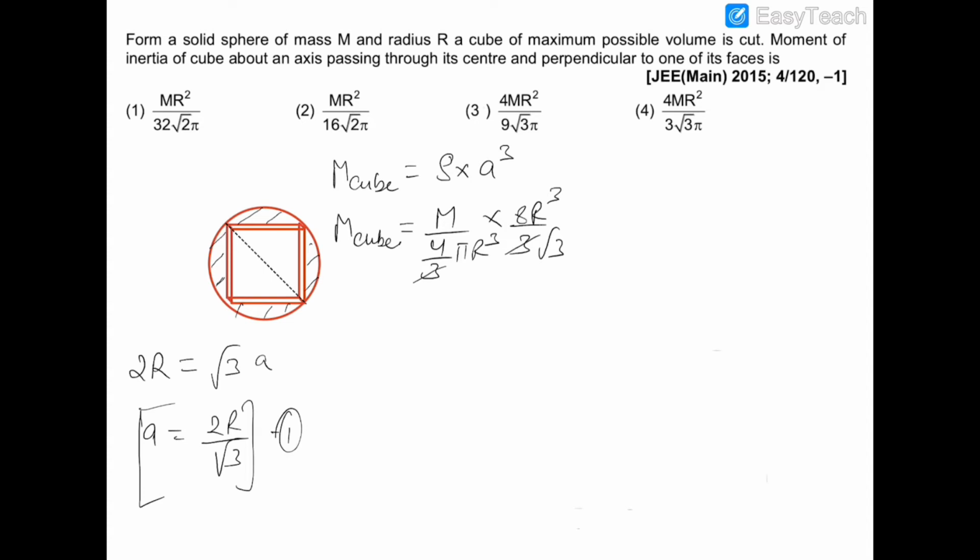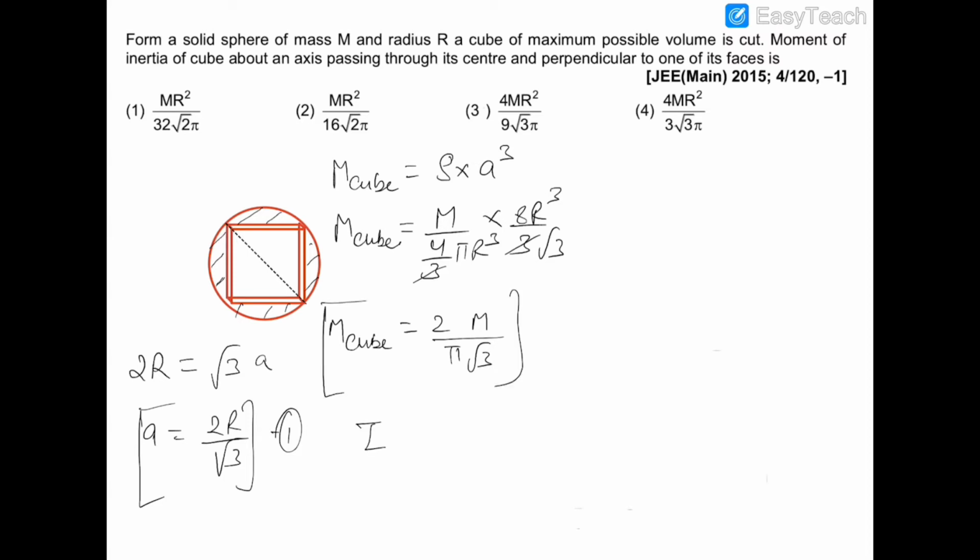So the mass of the cube will be equal to 2m by pi root 3. This would be the mass of the cube.